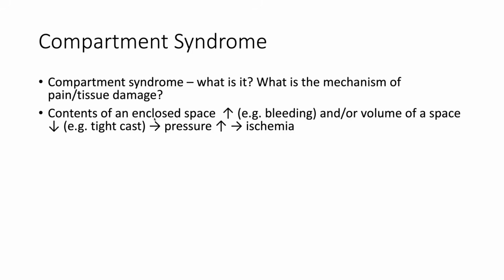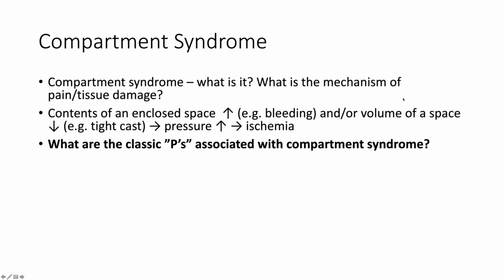So if you have enough swelling in your muscle or tissue, either because of an infection or because of damage and now there's inflammation, and the tissue is swelling within an enclosed space, then the pressure is going to increase. And if the pressure increases too much, you're going to get ischemia.